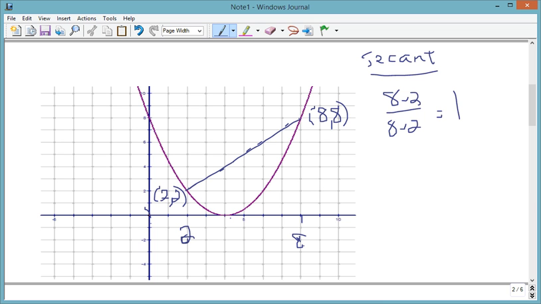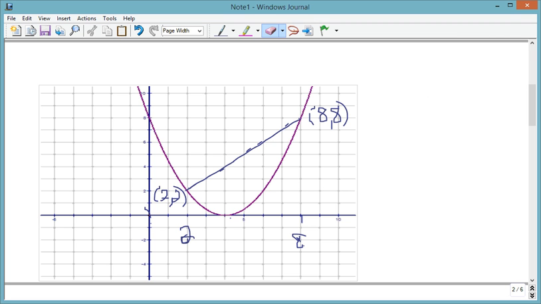Notice that it was totally different, right? When we went from 0 to 4, we got this -2. When we go from 2 to 8, we get a +1. It'll be different no matter where we put the 2 points. So if we want to look at it in kind of general terms, our average rate of change is going to be whichever point. So let's say we're going to go from x equals a to x equals b.